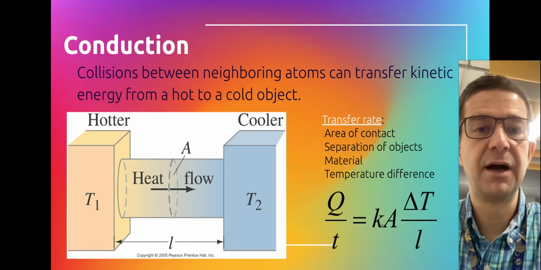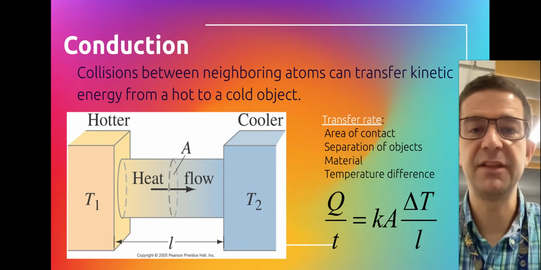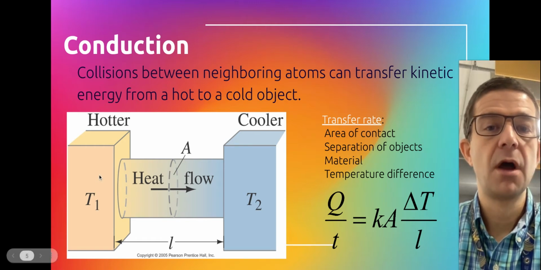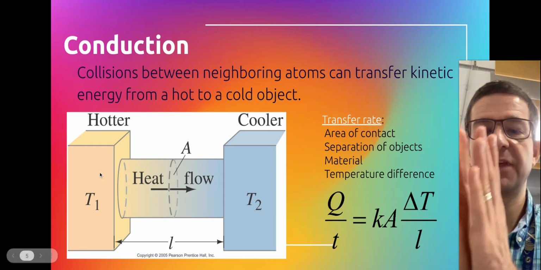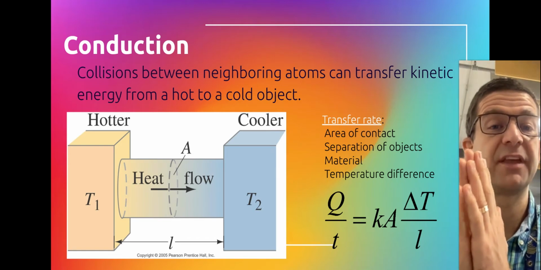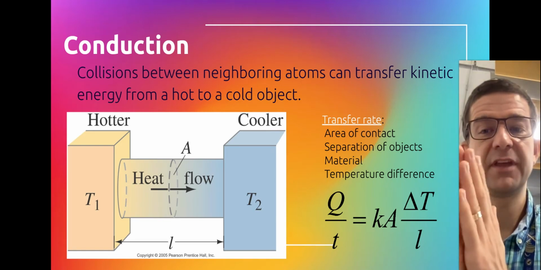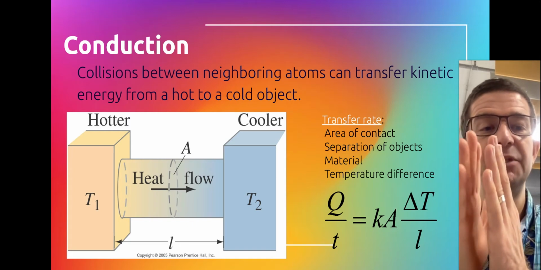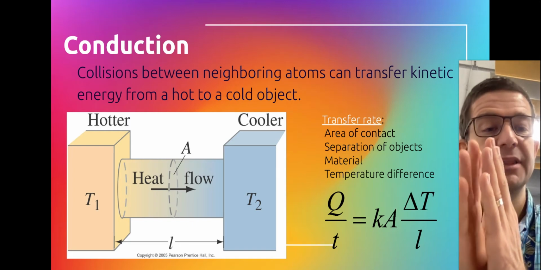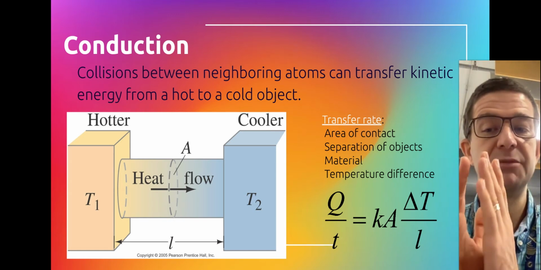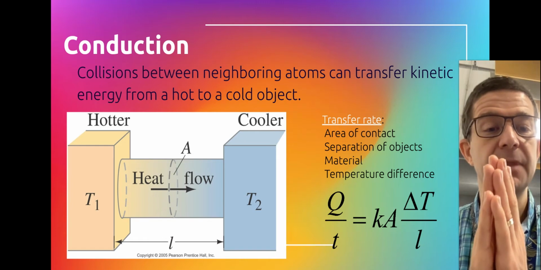The first form of energy transfer that's probably the easiest one to understand is conduction. With conduction, we're thinking about that transfer of kinetic energy. So we're not thinking about changes of state here, but we're thinking about kinetic energy moving from one object. In this case, I'll think about this object at temperature T1 that's the hotter object on the left, and then the cooler object T2 on the right.